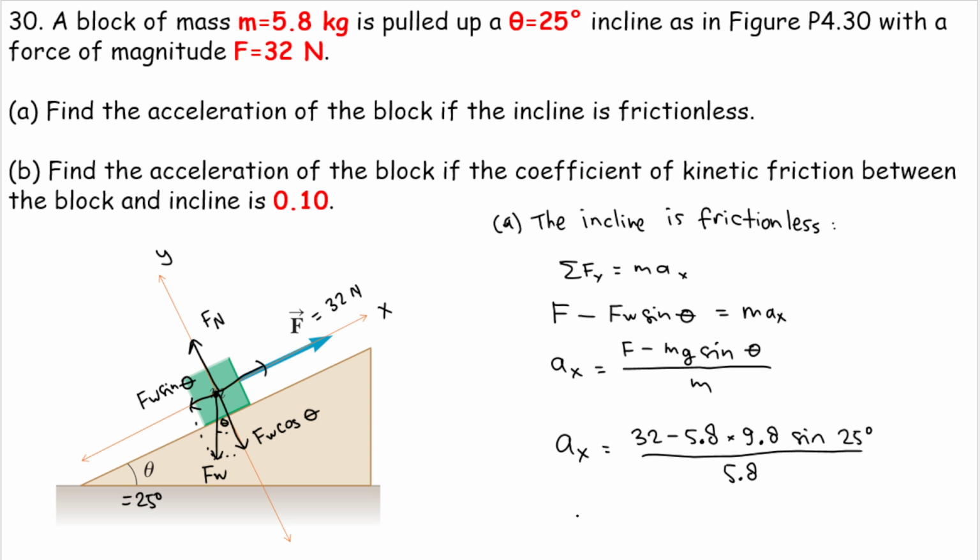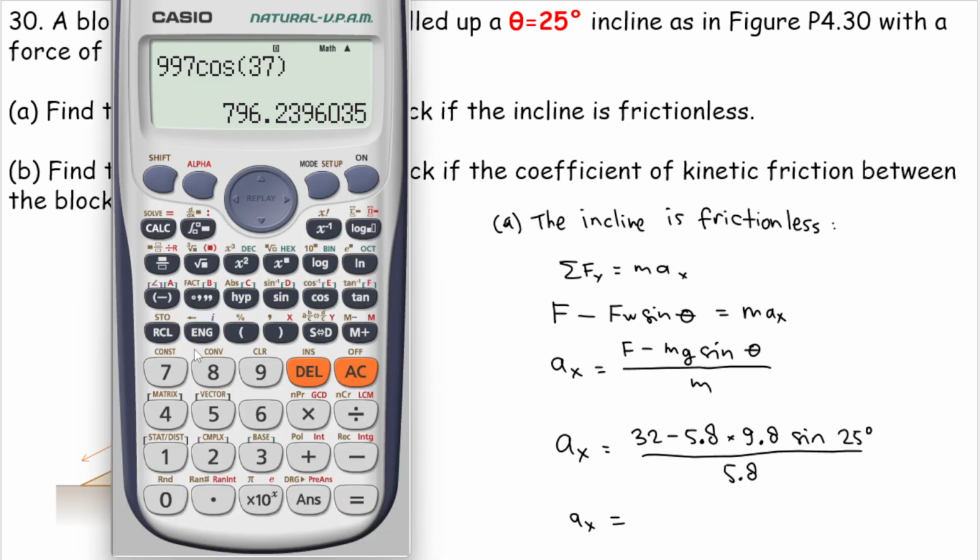Okay, and we can just plug all of them into the calculator. So we have 32 minus 5.8 multiplied by 9.8 sine of 25 degrees, divided by 5.8, and I will have 1.38.